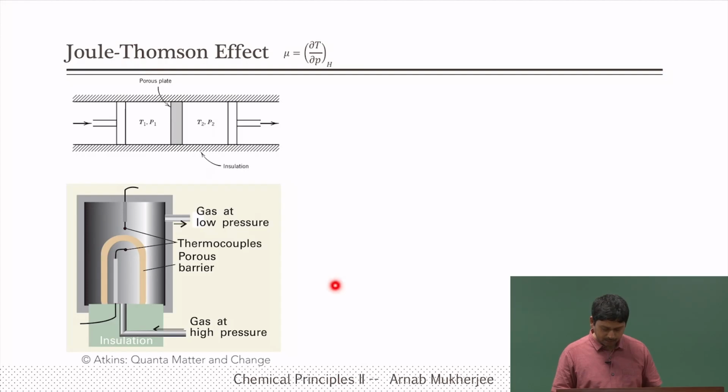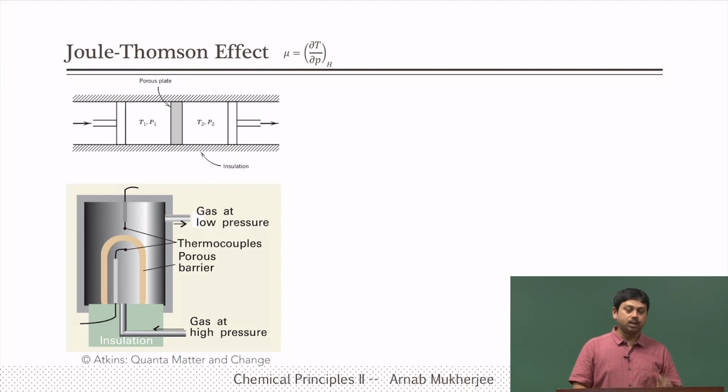So, it is basically what you want to measure, and you see this is a setup in which the gas comes at a high pressure and then goes through this particular porous region, this yellow color, and then it goes to a larger volume at a low pressure.